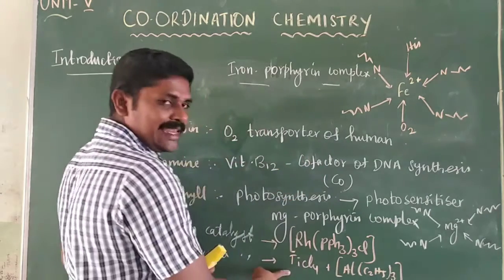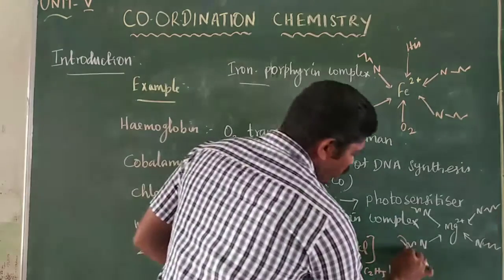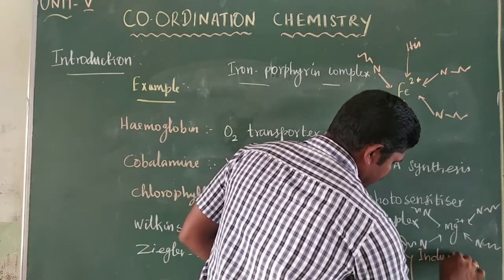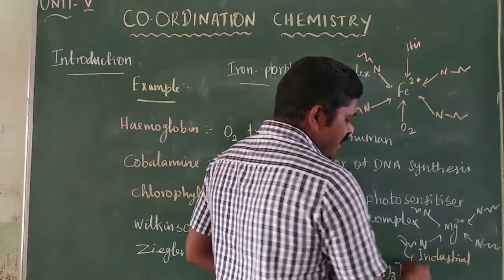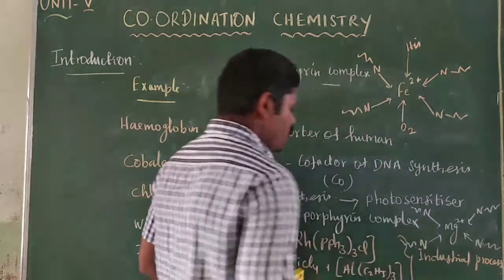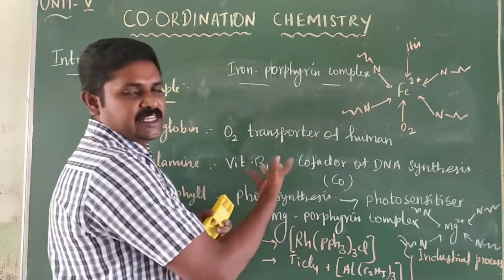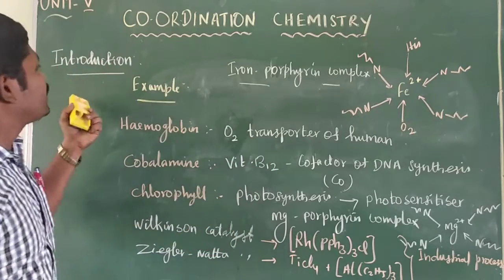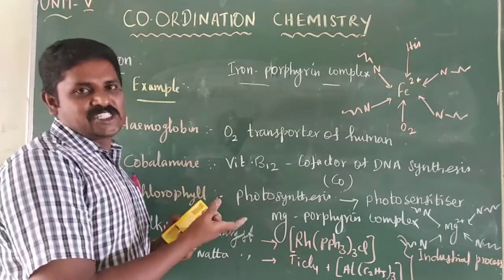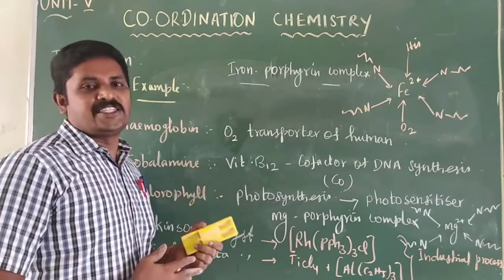Both are used in industrial processes. Hence, it is important to understand the chemistry of coordination compounds. So in this unit, we study the nature, bonding, nomenclature, isomerism and applications of coordination compounds.